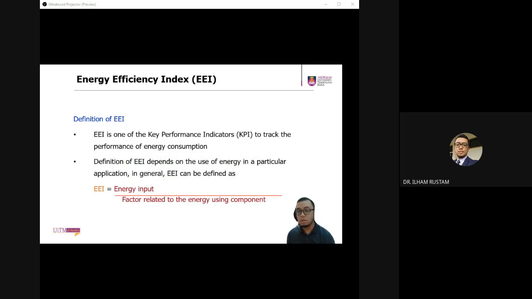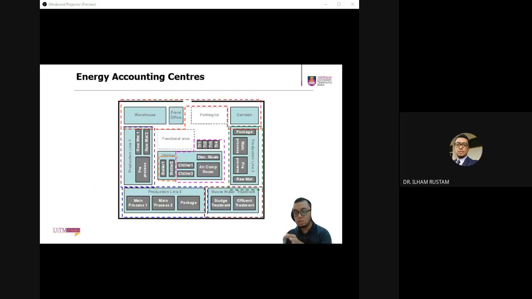But you have to remember, if you define your EAC as, for example, this boiler only, boiler 1 and boiler 2, boilers typically will not be using only electricity. They will also use fuel because they need to heat up. If they are using electricity, it would be expensive. And not only that, it's not efficient.